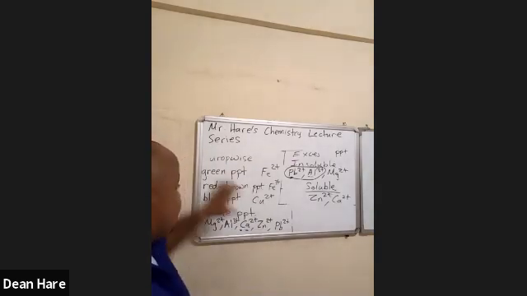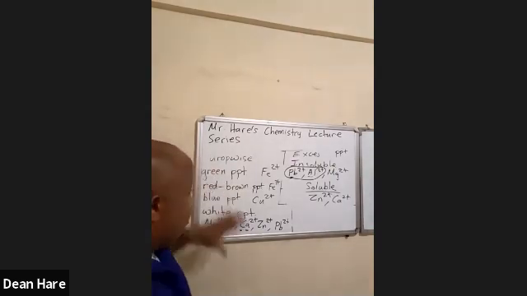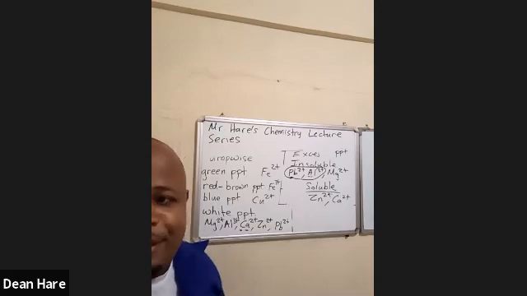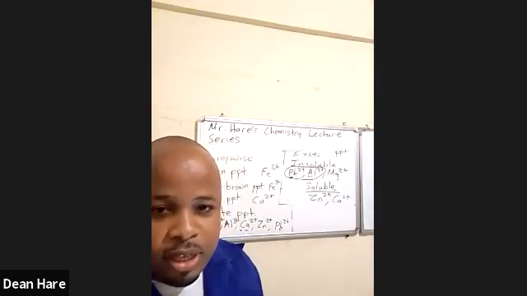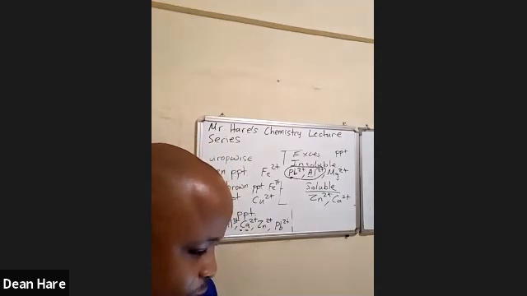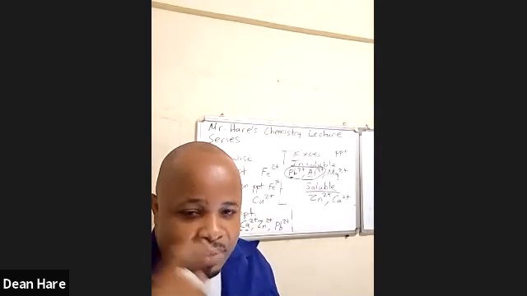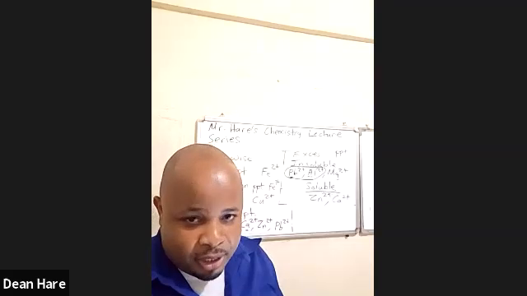All right, so these are straightforward. Let's work some questions so you can get a feel of it. Let's go to January 2015. Remember, qualitative analysis is for both positive ions and negative ions.